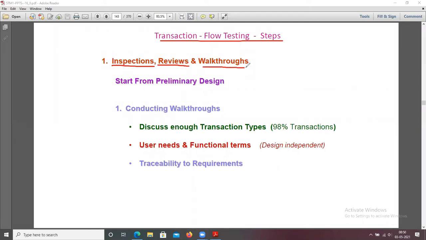Inspections are done to identify errors in a program. Reviews are done to identify errors in semantic documents. And walkthroughs are training sessions or knowledge transfer sessions about a process or technologies.